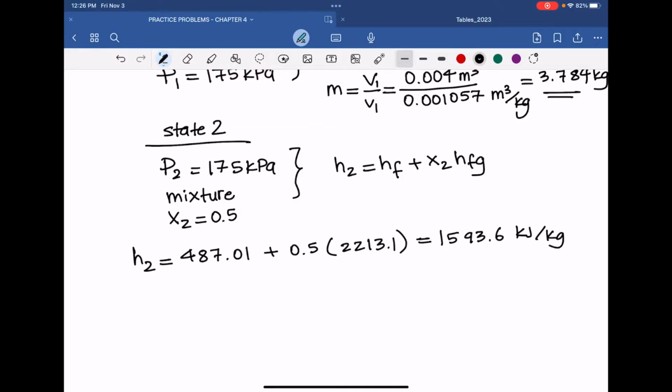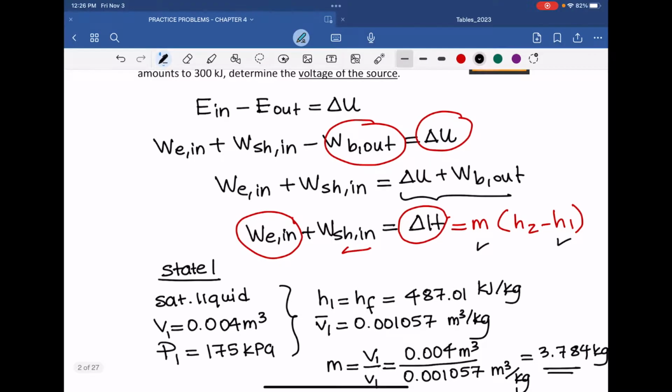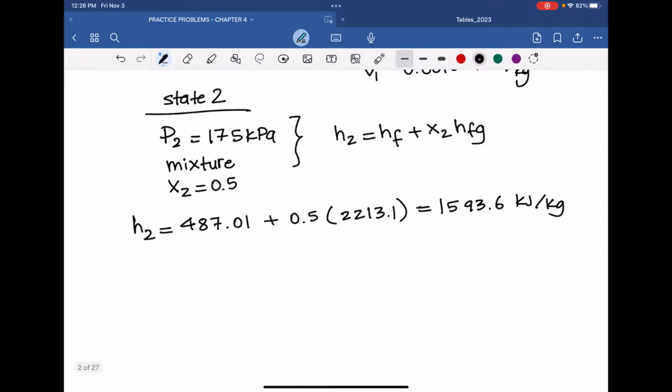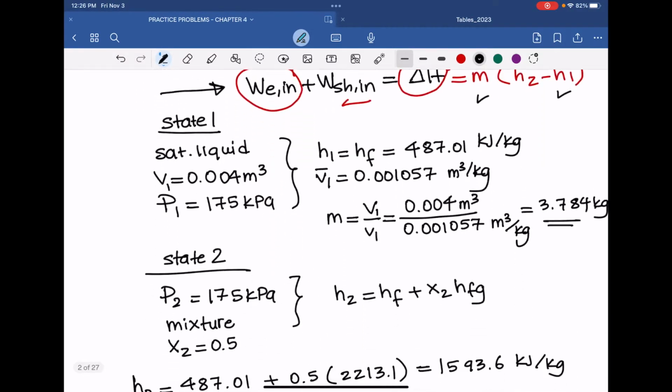Now we have everything we need and we can use those to calculate the electric work. So remembering our energy balance, right? We need to write down the shaft work. Shaft work is 200, I think, let me check, 300 kilojoule.